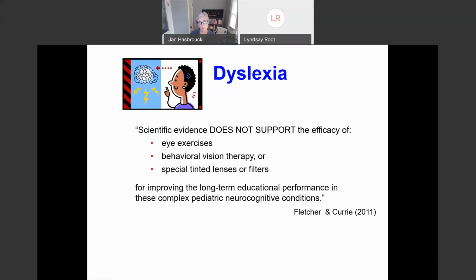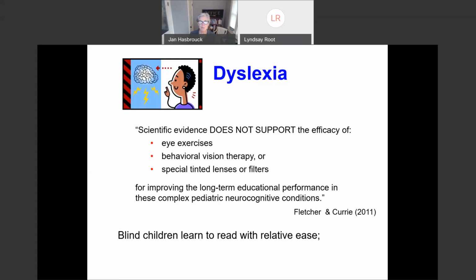Now, it's important to point out that eye exercises and vision therapy and tinted lenses can have a role to help the sight and the vision and the processing, the reading of some people, but it is not at all related to dyslexia. All those things are helpful for eye disorders, vision disorders. We know dyslexia is not an eye disorder or a vision disorder.